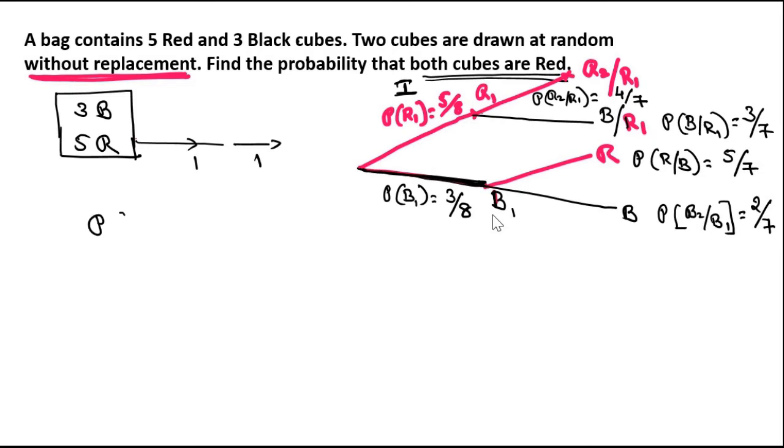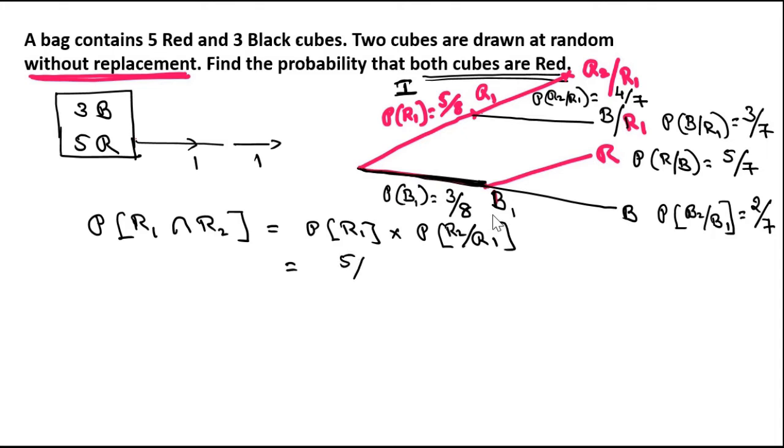So the probability of R1 intersection R2: the first is red, what is the probability of R1, into, R1 having happened already, the second also a red ball. So this equals 5 by 8 into 4 by 7. The 4 cancels 2 times, so 5 divided by 14.